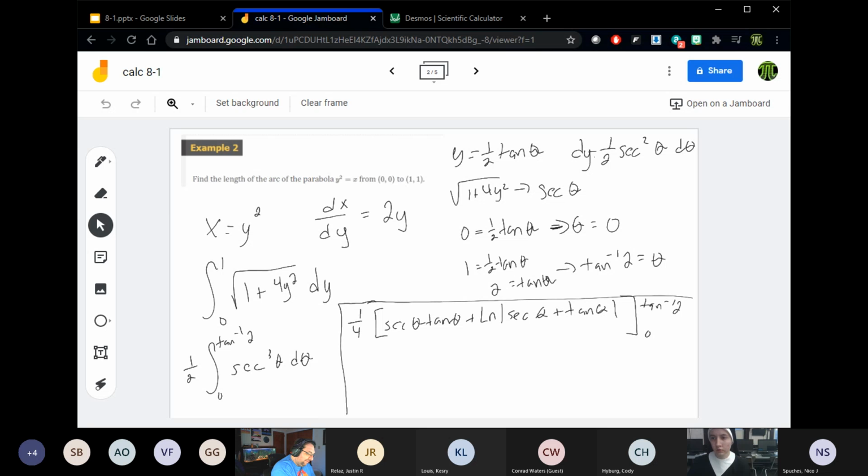So we could actually use that information to do some of the stuff. So for the 0, if we plug in 0, you're going to get tangent of 0 is 0, so that cancels that part out.